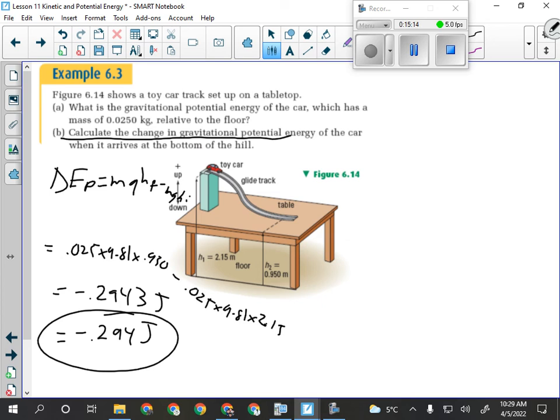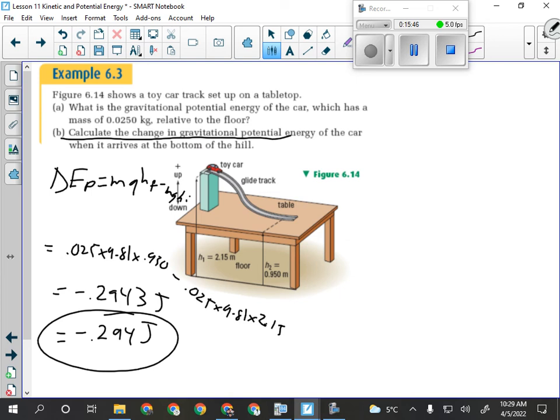There was also an equal change in kinetic energy. In other words, the potential energy changed by negative 0.294 joules. What was the change in kinetic energy? Positive 0.294 joules. As that cart went down the ramp, its potential energy was converted into kinetic.